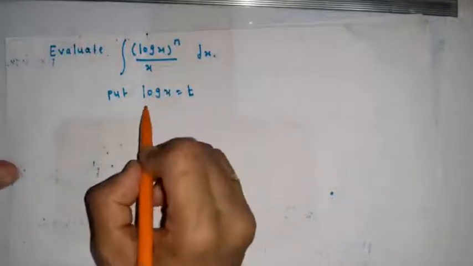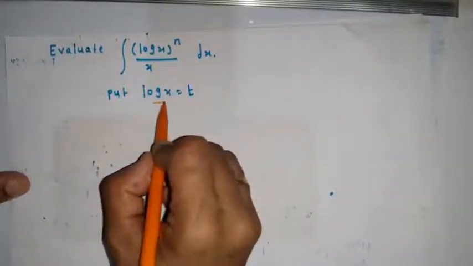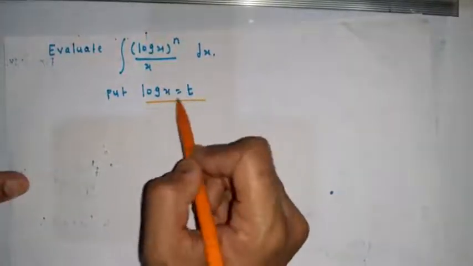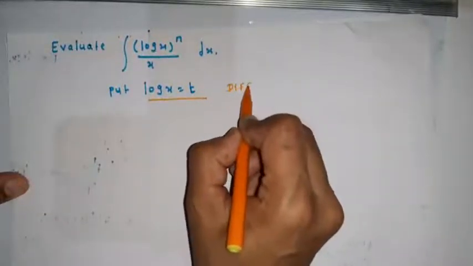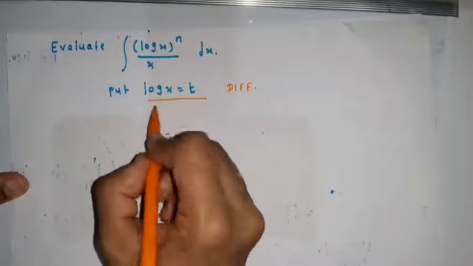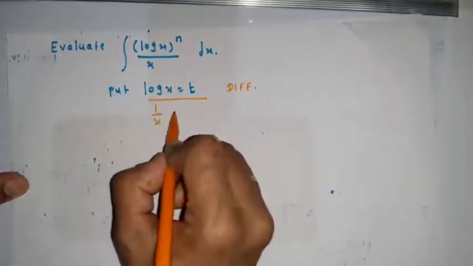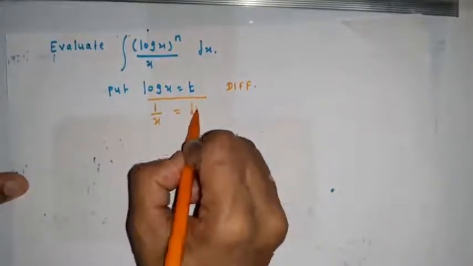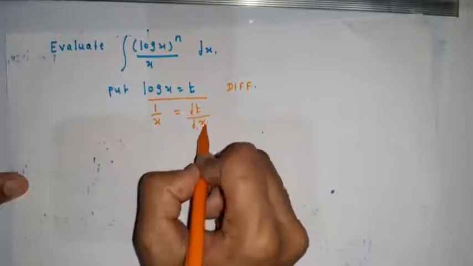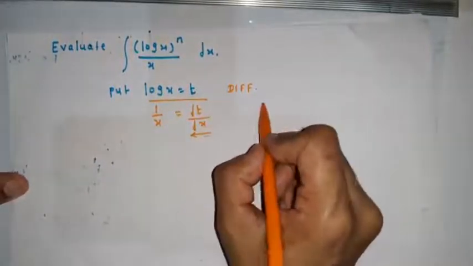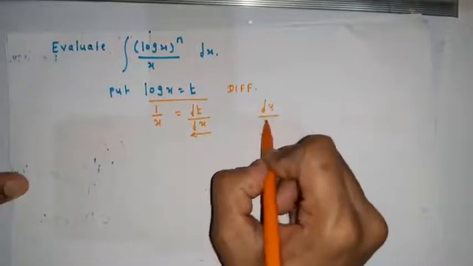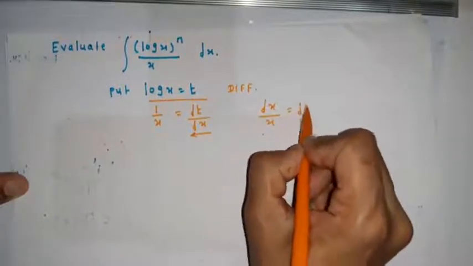Whatever our substitution is, the method is that we differentiate the substitution. We get differentiation of log of x is 1 upon x, and differentiation of t with respect to x. Now shift this dx to that side, we get dx upon x equal to dt.